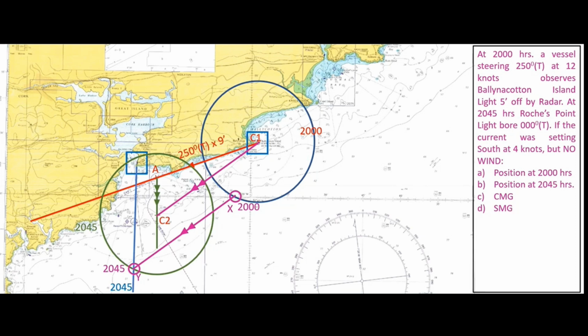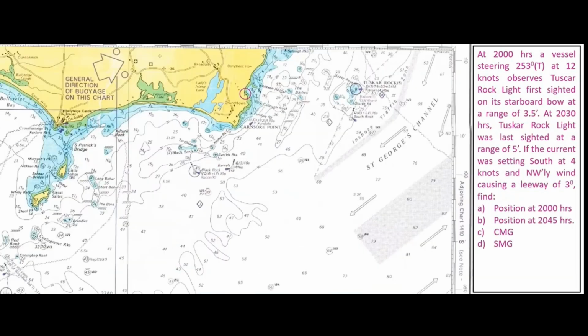In all these three examples, we had taken a combination of one position circle and one position line. Now let's take the last part of it. At 2000 hours, a vessel steering 253 degrees true at 12 knots observes Tusker Rock Light first sighted on its starboard bow at a range of 3.5 miles.